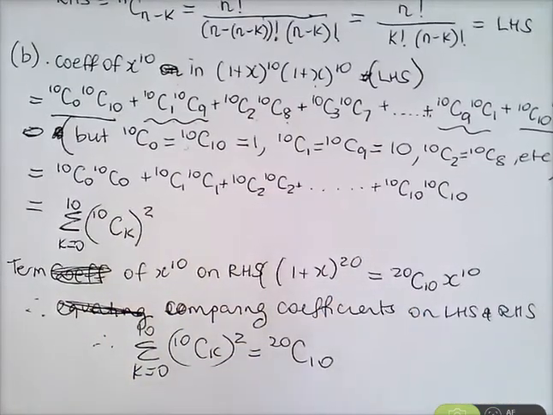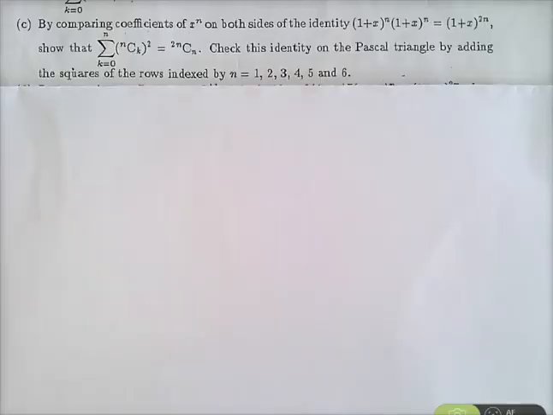Now question C. This one tells us to compare coefficients, and actually that's very similar. You can do that exactly the same as x to the 10, but on the right-hand side it would be 2nCn x to the n as the term.